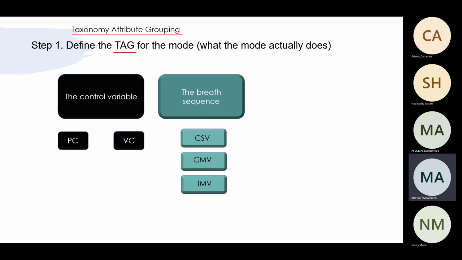The breaths that the patient takes by himself will be supported by the machine. If the patient takes only 10 breaths and the machine is 14, the patient has to deliver the 14 breaths, and it's all covered by the machine.